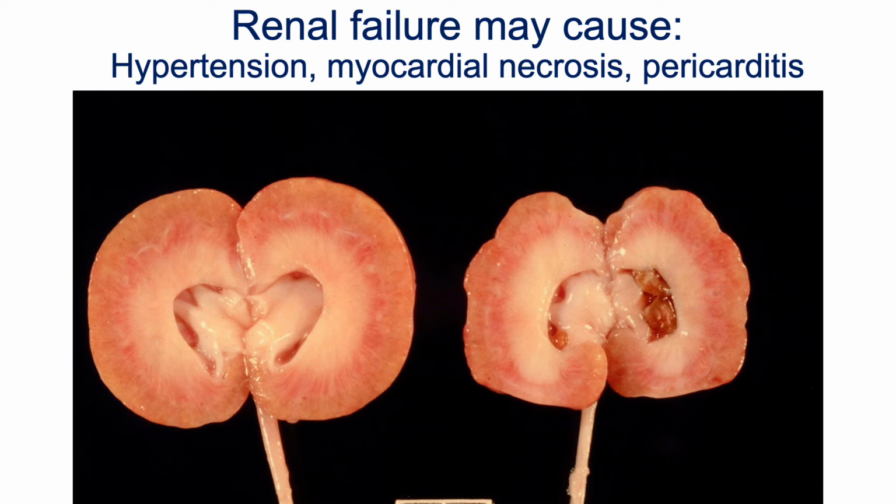So renal failure is associated with cardiac disease, and there's sort of an interplay between the heart and the kidneys in certain older animals. Renal failure can lead to systemic hypertension, which might cause left ventricular hypertrophy or arrhythmias. It can also lead to myocardial necrosis, and a uremic pericarditis is also described in veterinary species.